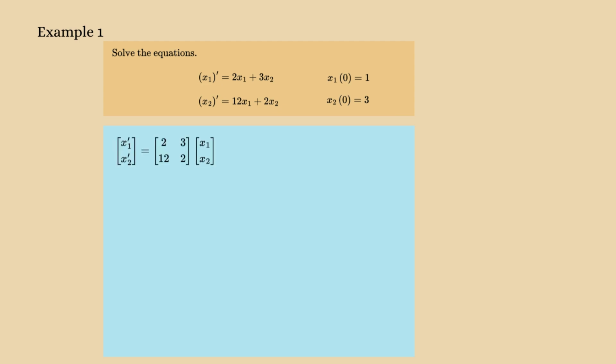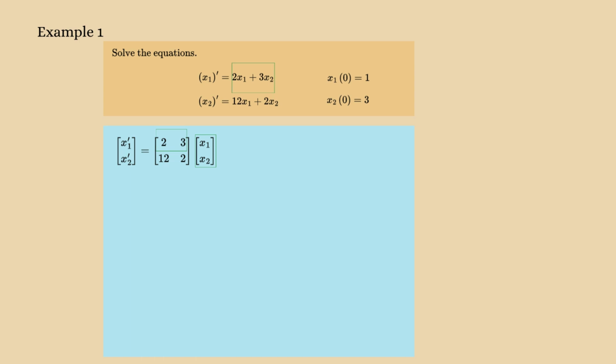Firstly, we have to convert this system of equations to a matrix equation because our recipe is assuming we have a matrix equation. If you know how to multiply two matrices, you can verify that the first row, 2, 3, multiplied with the first column, x1, x2, will give you the correct right-hand side, 2x1 plus 3x2.